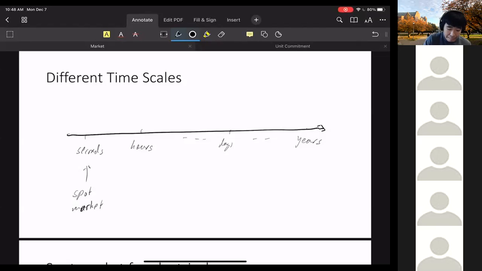So this is our spot market. The other markets are structured on top of the spot market. We'll first understand how the short-term power balance works, then we'll look at the longer term, and how the other ones are structured on top of the spot market.